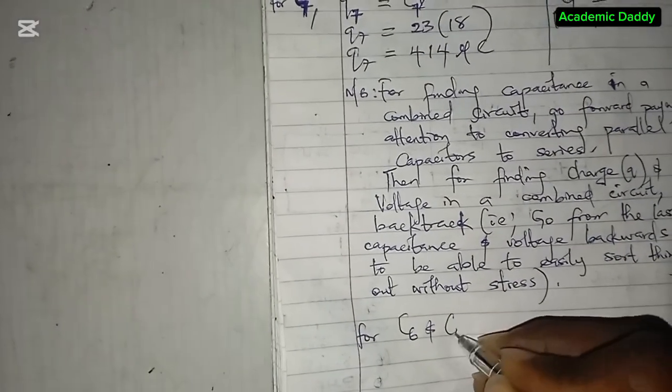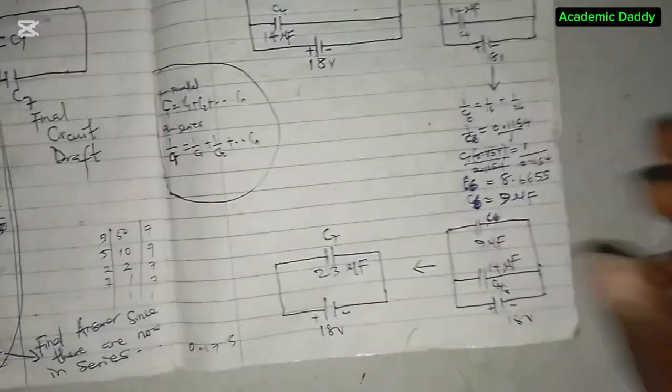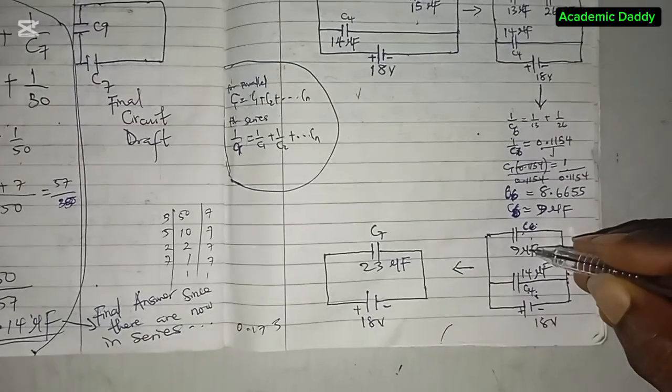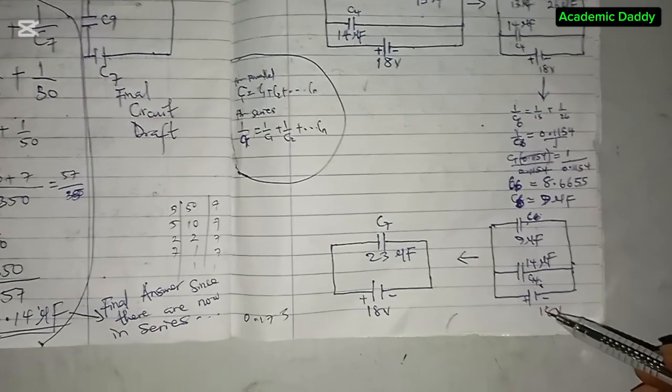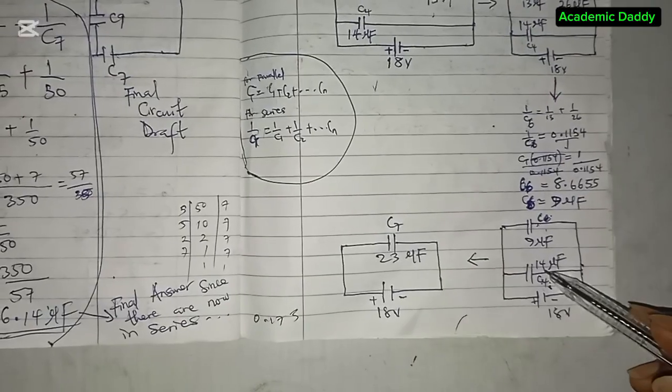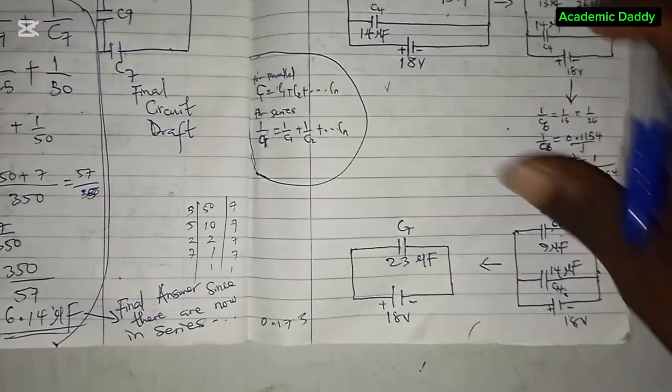Now for C6 and C4, Q4 will be equal to 18 times 14, and Q6 will be equal to 18 times 9. So let's do it.